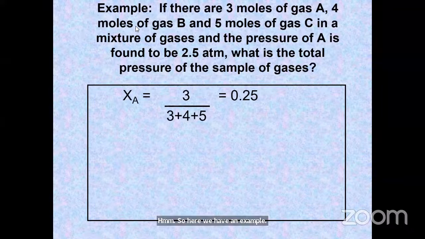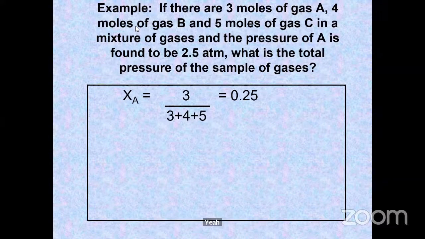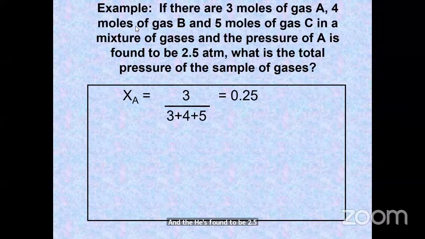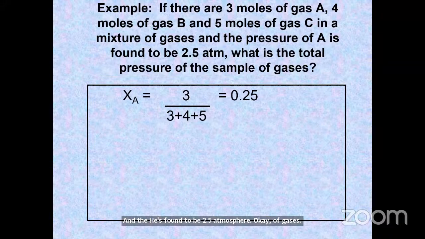You have 3 moles of gas A, 4 moles of gas B, and 5 moles of gas C in a mixture of gases. And the pressure of A is found to be 2.5 atmosphere. What is the total pressure of the sample of gases? So if we recollect, we have the formula PA equals XA multiplied by P total.